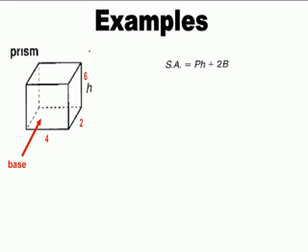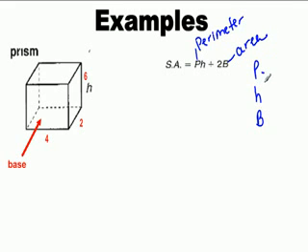Now let's do some examples. To find the surface area of this prism, we're going to plug in the numbers according to the letters. So we have p, h, and b. Remember, p is the perimeter of the base, and b is the area of the base. And h is the height. So we automatically know the height because our height is indicated here as 6.